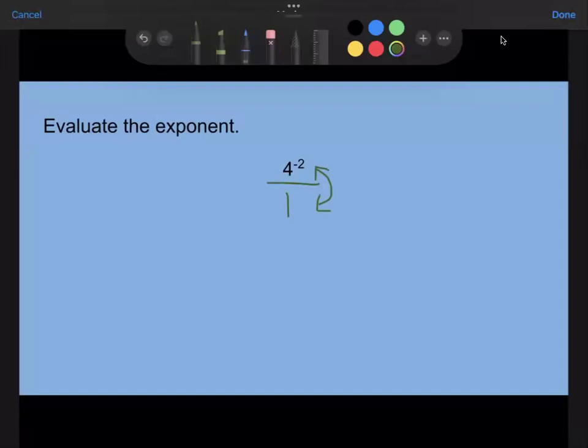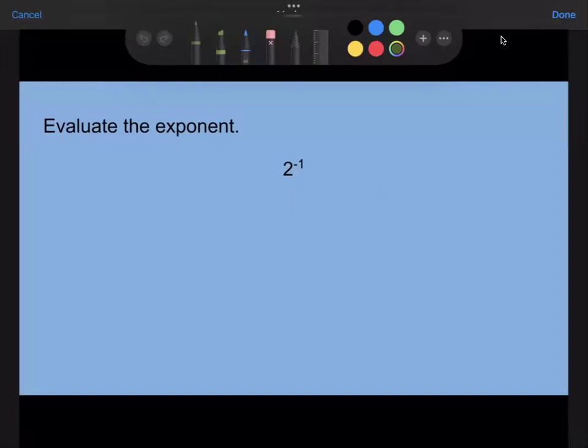Anytime you flip exponential numbers, the sign of the little exponential number will change. So it becomes 1 over 4 to the second power. Now I can evaluate and leave the 1 over here, but 4 to the second power is 4 times 4. So 4 to the negative second power is the same as 1/16.